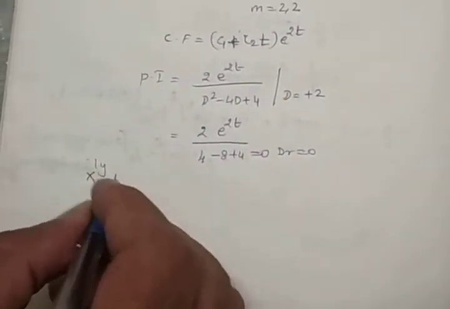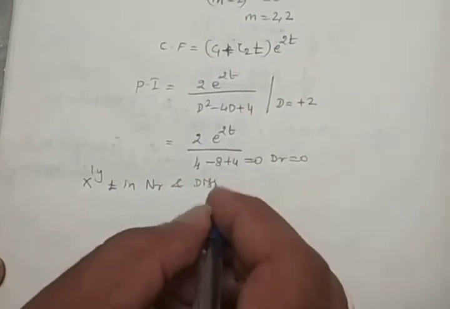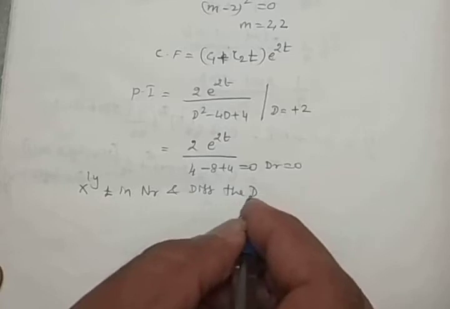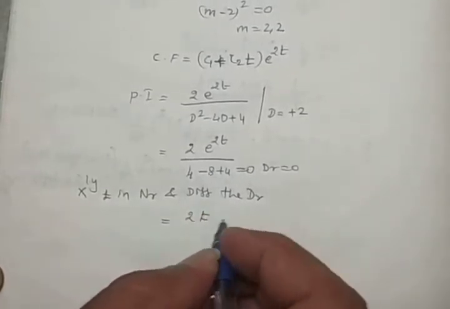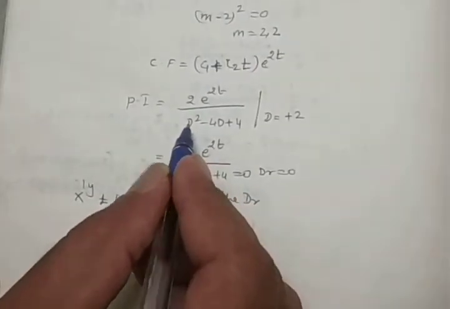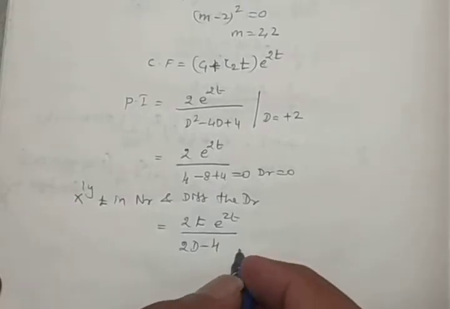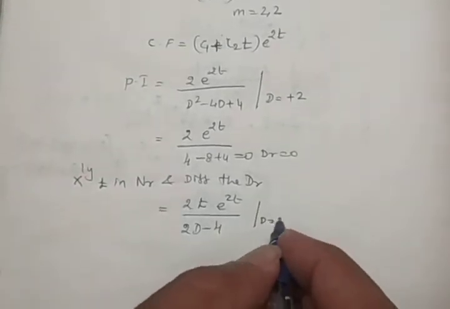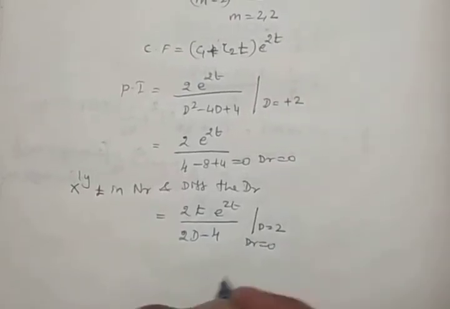Multiply t in the numerator and differentiate the denominator. So what we get? 2 times t into e power 2t by, if we differentiate this one, we get 2D minus 4. So once again D equal to 2, so 4 minus 4, denominator 0.